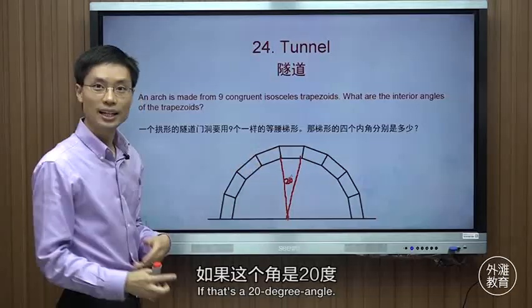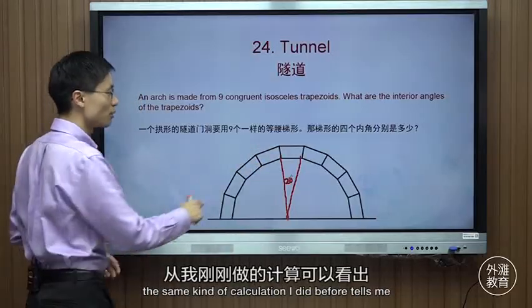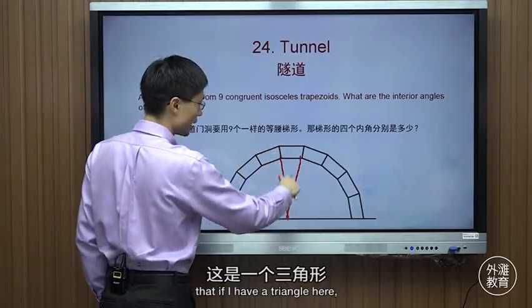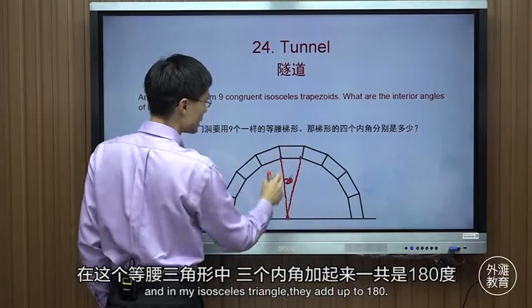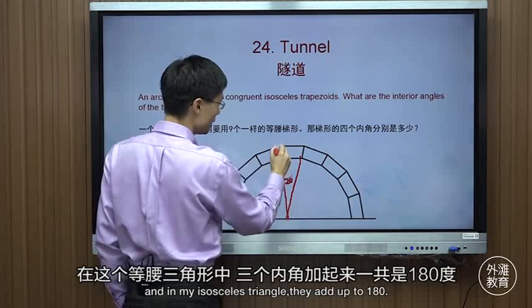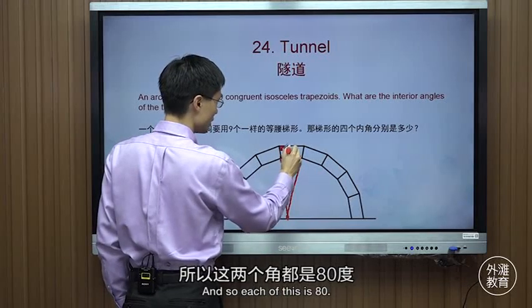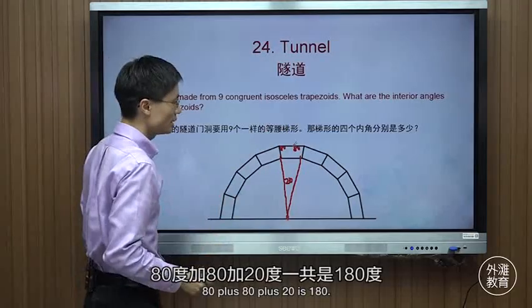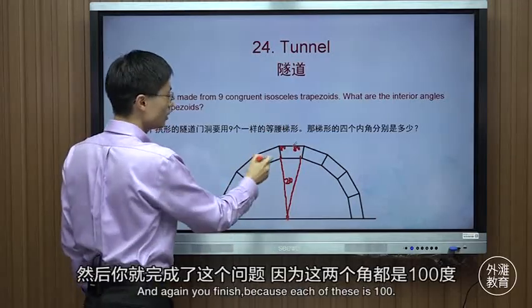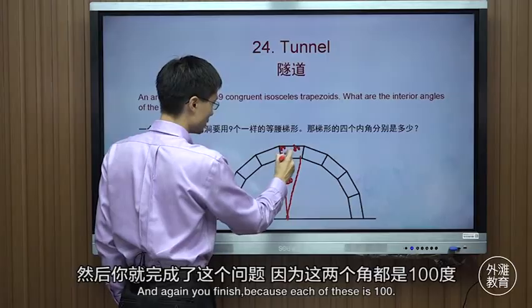If that's a 20-degree angle, the same kind of calculation I did before tells me that in my isosceles triangle, the angles add up to 180, and so each of these is 80. Each of these is 80. 80 plus 80 plus 20 is your 180. And again you finish, because each of these is 100.